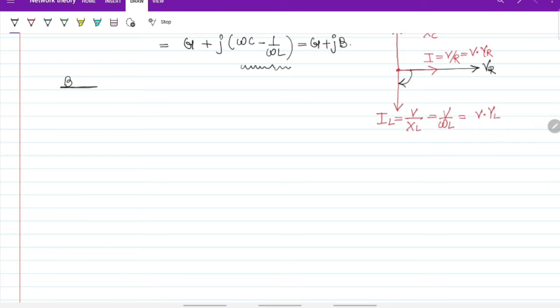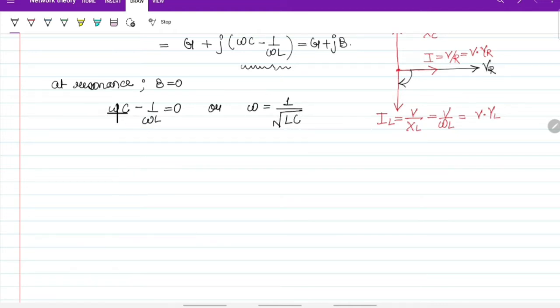So at resonance, B should be equal to 0. That is omega C minus 1 by omega L should be equal to 0, or omega is equal to 1 by under root of LC.